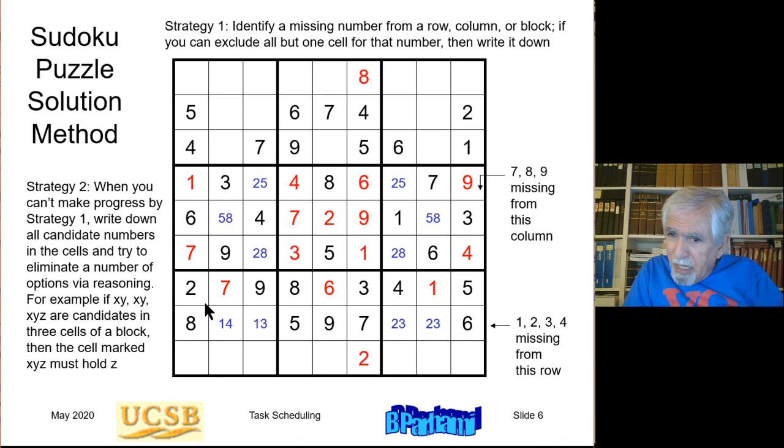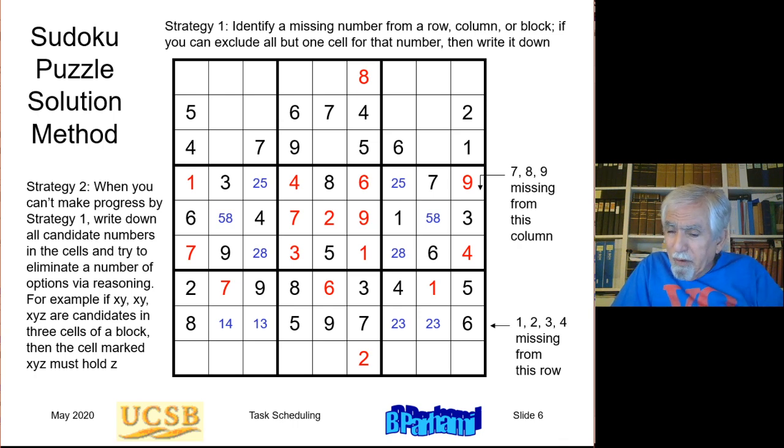Okay, now 2 is here, so just 1, 3, 4 are options here. 3 is here, so 1 or 4 are the options there, and 4 is in this column, so 1 or 3. So you notice that there is still ambiguity in the sense that each of those cells has two choices.